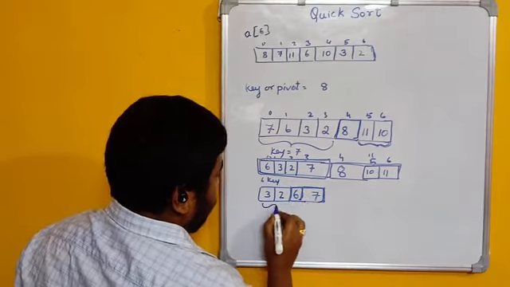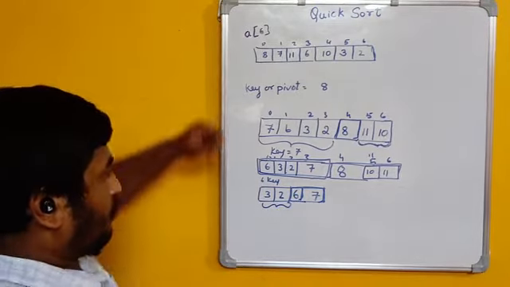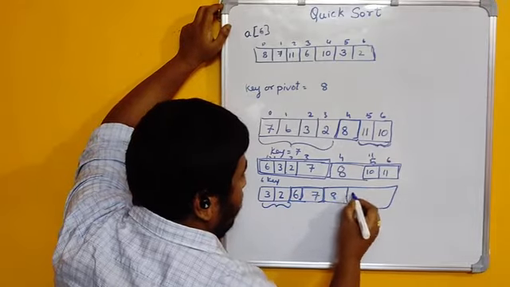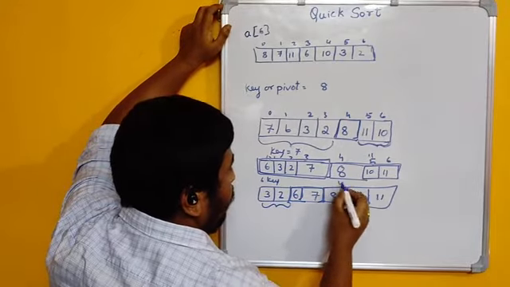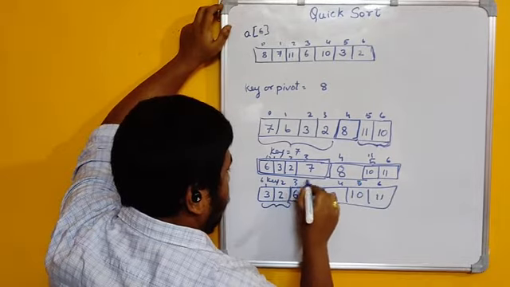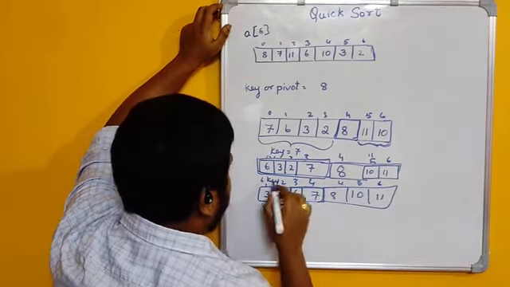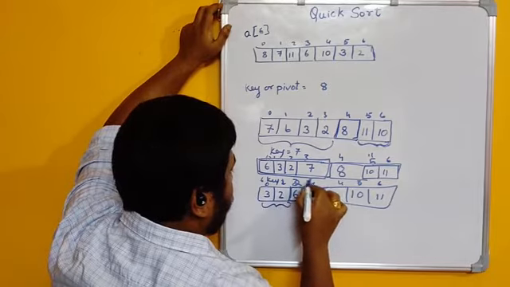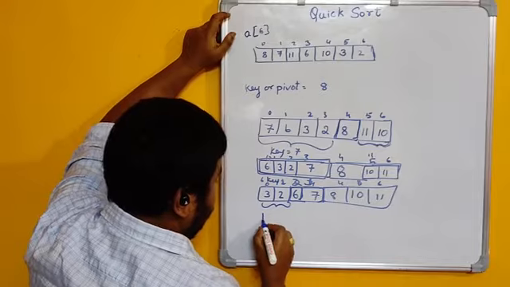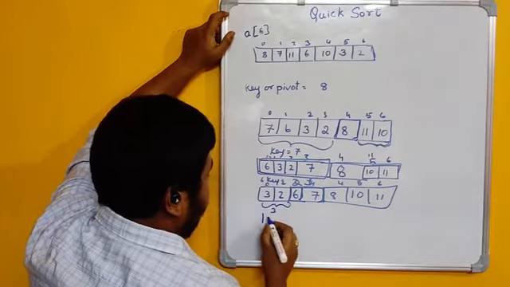Now these two need to be sorted. The remaining will be the same: 8, 10, 11, 4, 6. Next, our pivot element is 3.